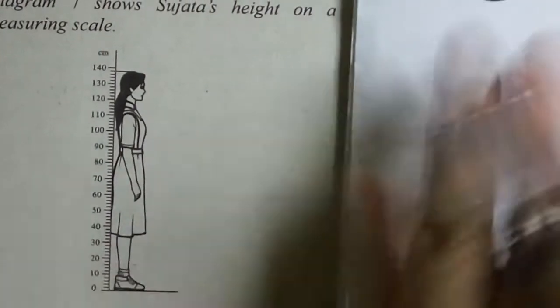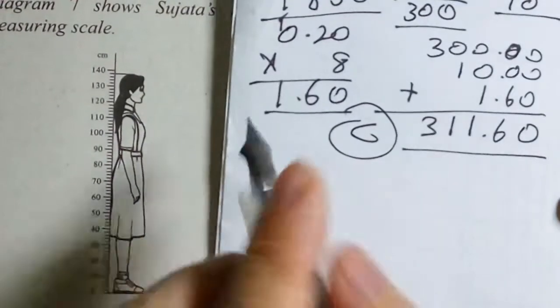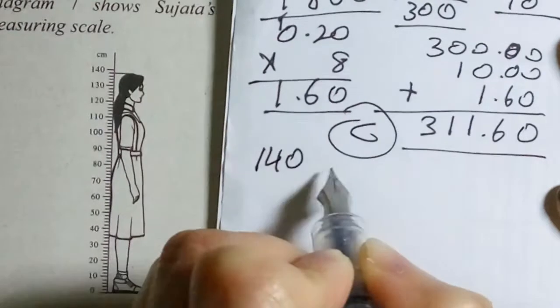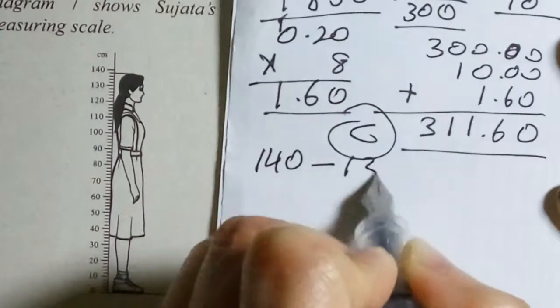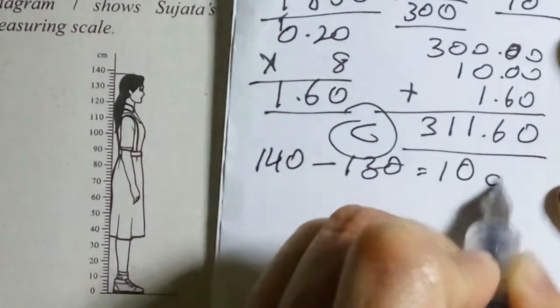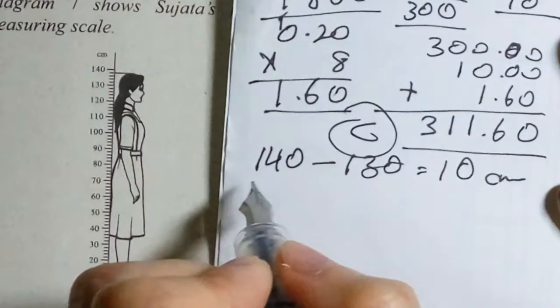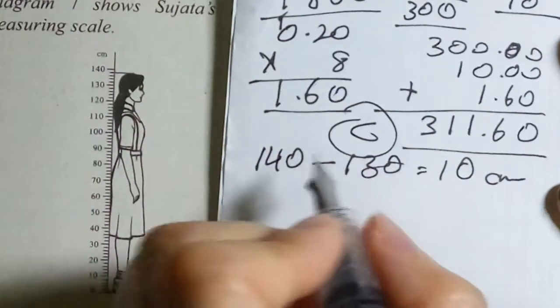So from 140 to 130, it would be 10 centimeters. And you have to make 5 jumps from 130 to 140, right?